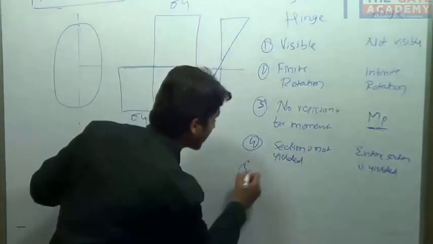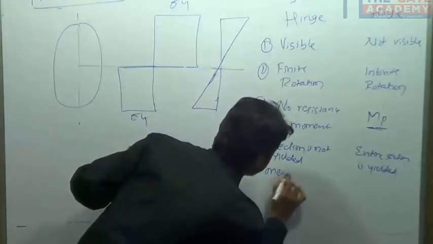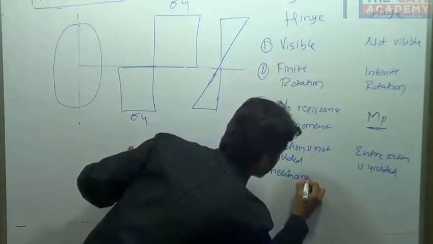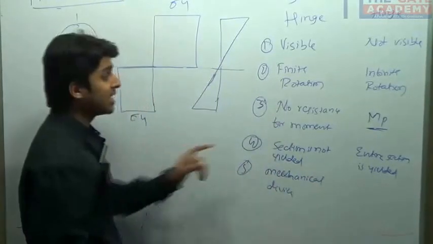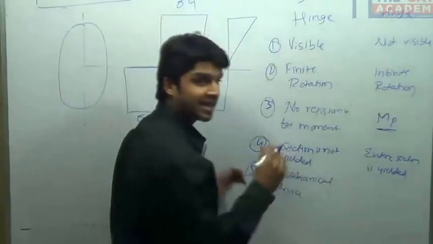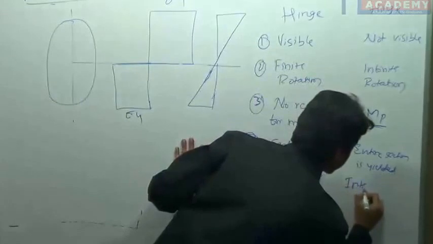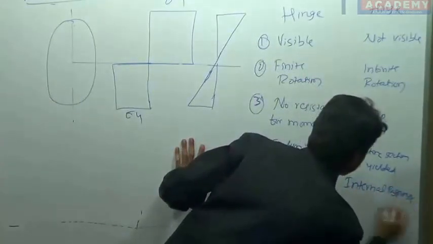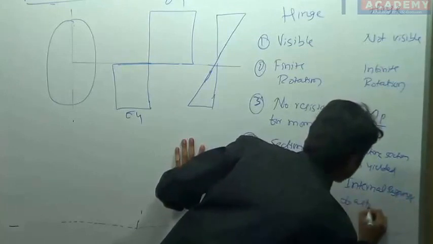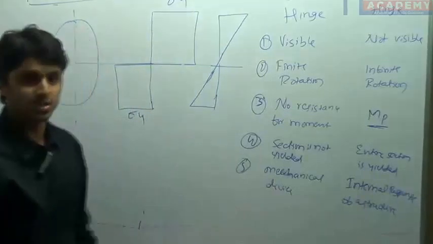One more difference: this is a mechanical device, whereas the plastic hinge is an internal response of a structure.